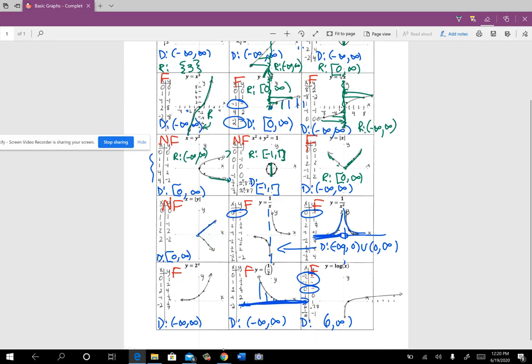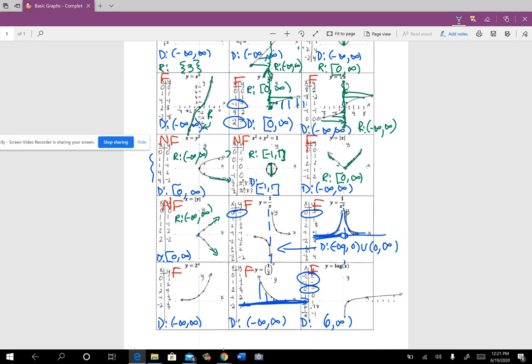The range on this one would be like the one above it. So here the range would also be negative to positive infinity because that keeps going up, that keeps going down. So you have a lowest to highest and everything in between.